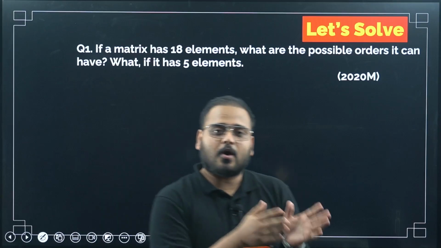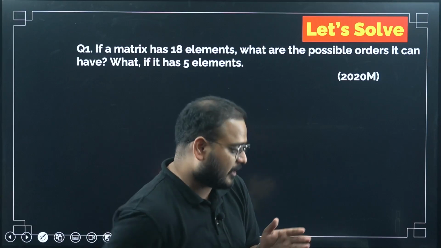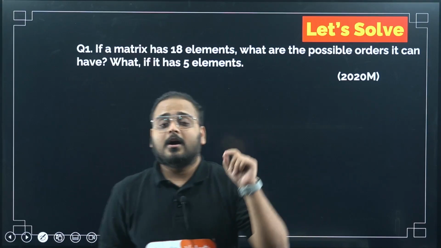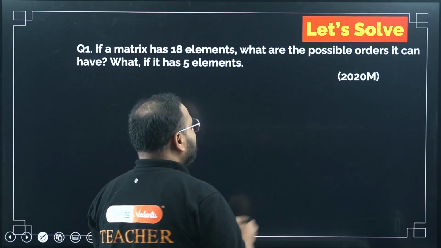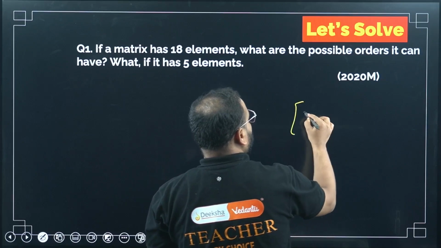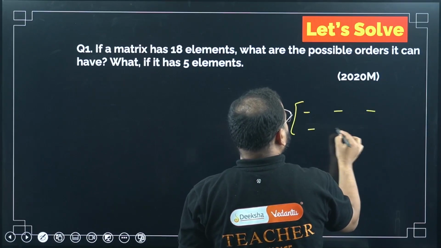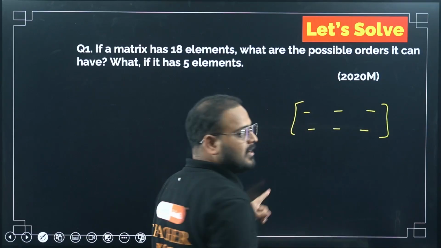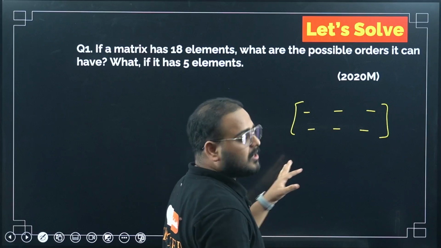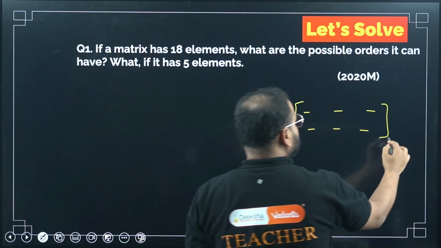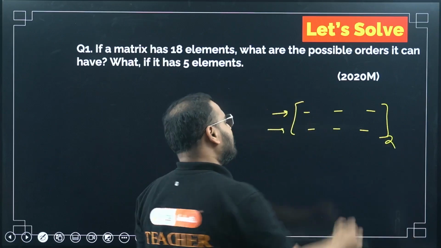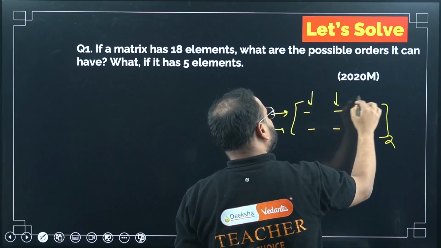The order of a matrix comprises the number of rows times the number of columns, if you remember. If I write a matrix like 1 2 3, 1 2 3, how many elements in total? 6 elements. What is the order? First we write the number of rows, which is 2, and then the number of columns, which is 3.